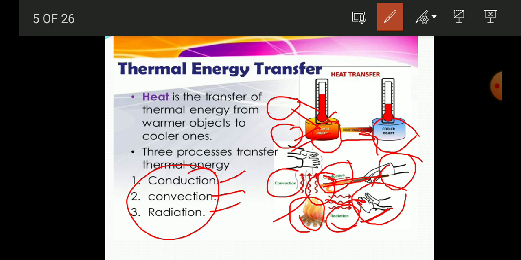The molecules which are cold take the place of those, and in that way this rotation is known as convection. We will learn it in detail later.